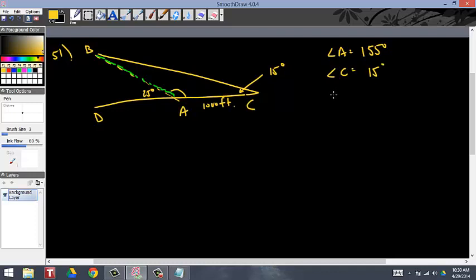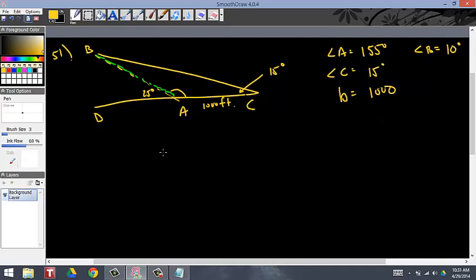We have side B is equal to 1,000. We have enough information to run law of sines on this thing, I think. Oh, no, we don't, because we need to figure out what angle B is. How do I figure out angle B? We take the first two, and then we subtract from 180, right? So 155 plus 15, that's 170. So B has to be 10 degrees.